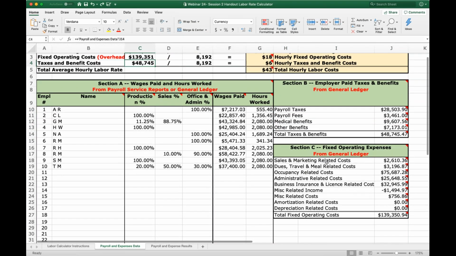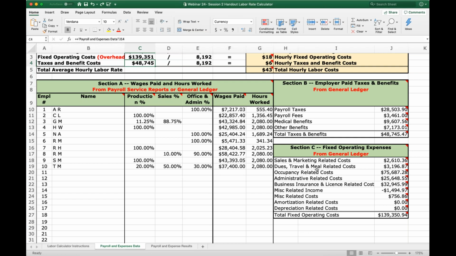This number, this section 6, are those kinds of expenses that are fixed in nature, meaning that they don't necessarily track with sales. They're relatively static. For example, rent. Rent is rent is rent. It doesn't make a bit of difference whether you got $1 million in sales or $2 million in sales.